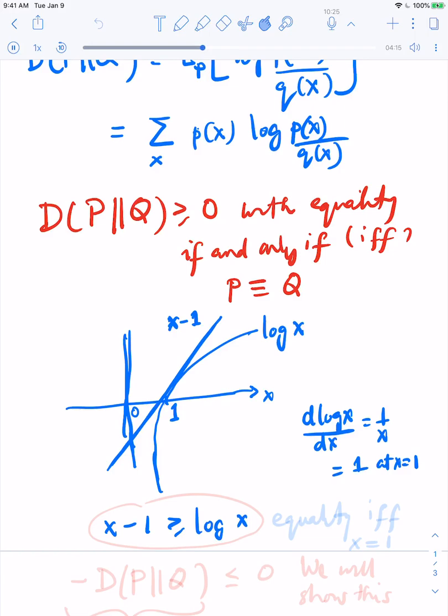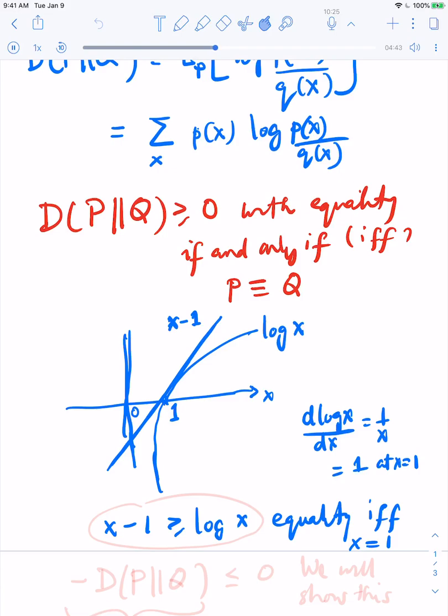The log function is strictly concave, so at the tangent point, x minus 1 and log x coincide at x equals 1, but everywhere else log x is strictly below x minus 1. So, and this is important, equality happens if and only if x is equal to 1, the point at which it is a tangent.